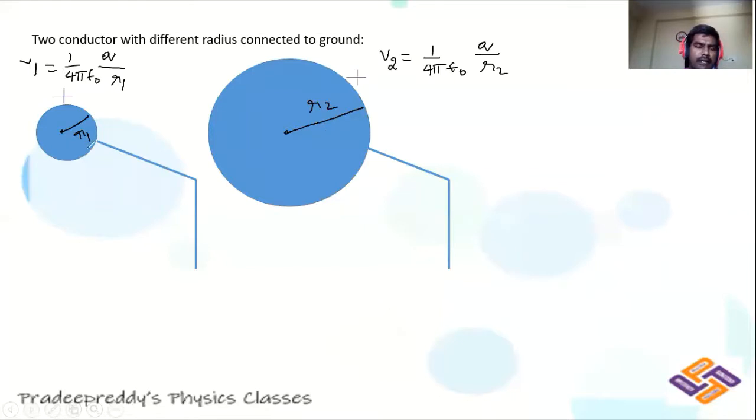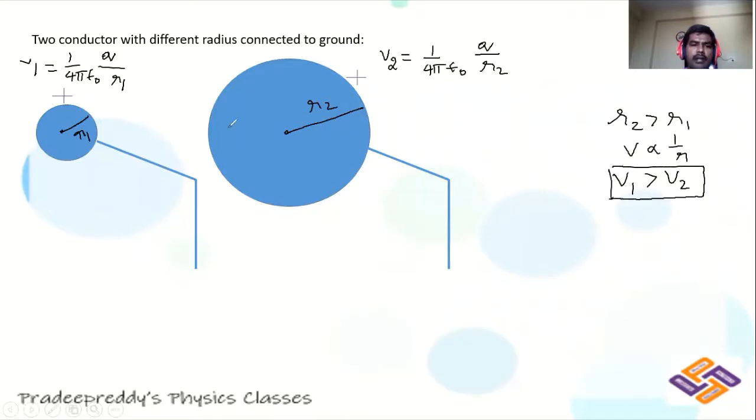Clearly in these two figures we have R2 greater than R1, and all other terms are constants: 1 by 4 pi epsilon naught is constant, and Q is also constant. As we know, potential V is inversely proportional to R. The one with the smaller radius will have greater potential than the other. Therefore potential V1 is greater than potential V2.